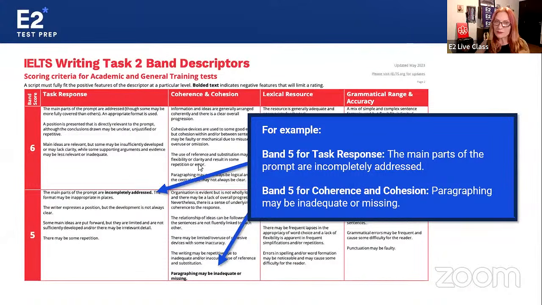So for example, for band 5, for the task response, the main prompt is incomplete. That's why taking a few seconds to read carefully and analyze the prompt isn't a waste of time. Many students feel pressured with the 40 minutes and want to start writing right away.